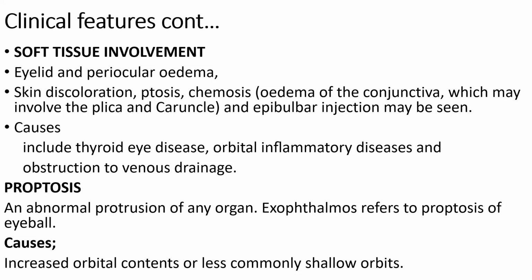Proptosis is the most common presentation, and it is an abnormal protrusion of any organ. Exophthalmos refers to the proptosis of the eyeball. The causes of proptosis may be increased orbital contents or, less commonly, shallow orbits.